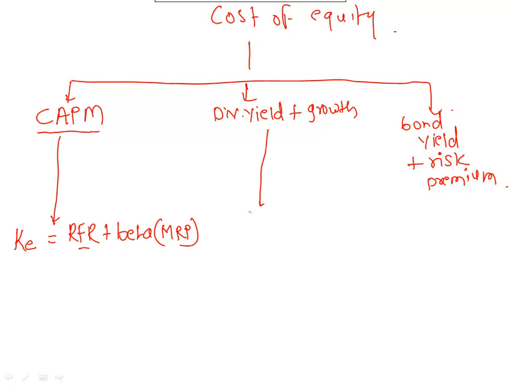Dividend yield plus growth rate is calculated as D1 divided by P0 plus G. And bond yield plus risk premium is calculated as YTM of the bond plus the risk premium. Dividend 1 divided by price 0 plus the growth rate.